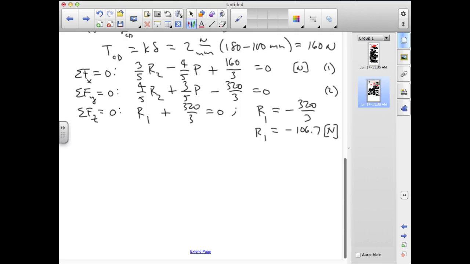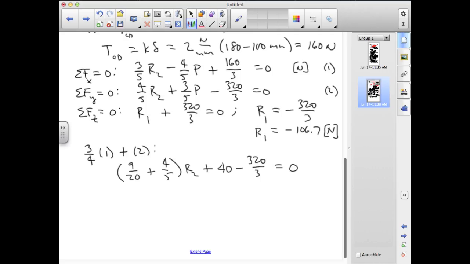I could, for instance, take 3/4 of equation 1 and add that to equation 2, and doing so would get rid of the term involving P, and what I would end up with is 9 over 20 plus 4/5 R2 plus 40 minus 320 over 3 equals 0.